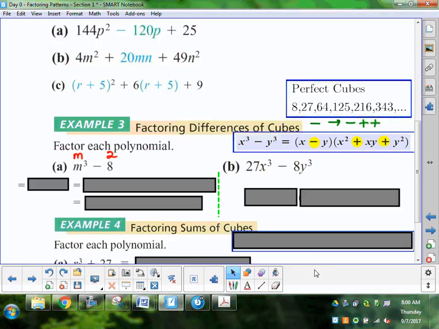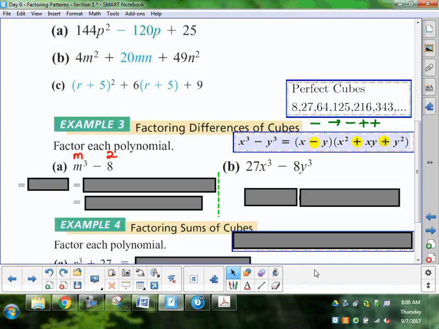Please keep in mind, how many factors will this break down into? How many factors does this have? 2. One's a binomial, one's a trinomial. So list out enough space for a binomial, and then enough space for a trinomial.